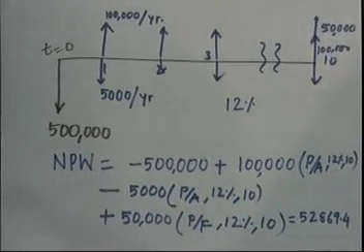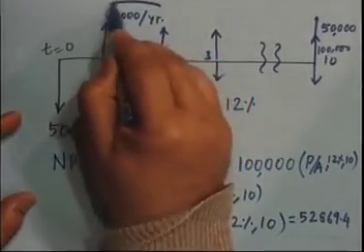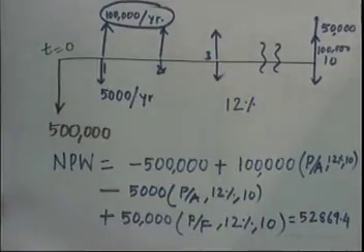Now, let us assume that the estimate of incoming value goes wrong. Incoming value is 100,000 per year, it goes wrong, and now the actual value, let us say, is 90,000 per year. So, what will happen to your decision?